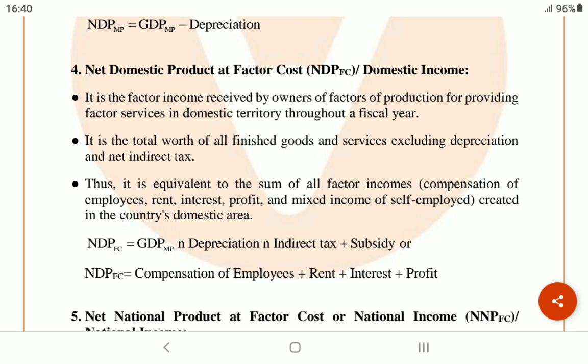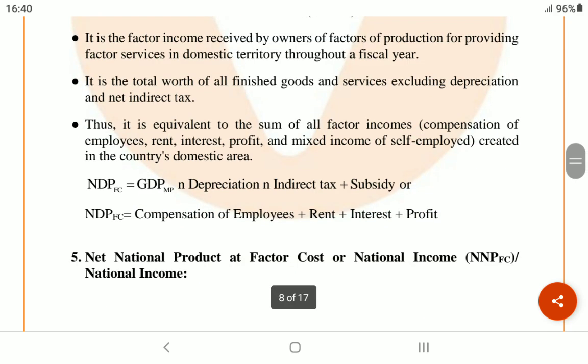It is the total worth of all finished goods and services excluding depreciation and net indirect tax. Thus it is equivalent to the sum of all factor income created in the country's domestic area.